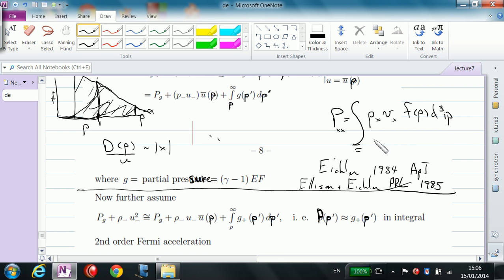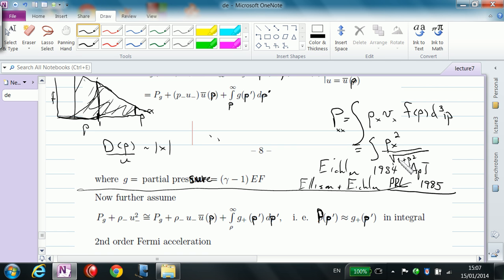How do I write velocity? It's p_x, the momentum, divided by gamma, right? And what's gamma? Gamma is the square root of 1 plus p squared.